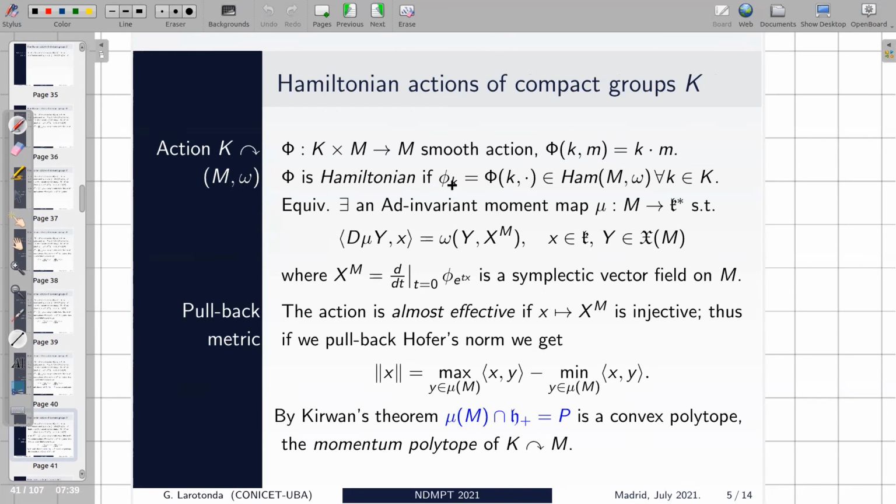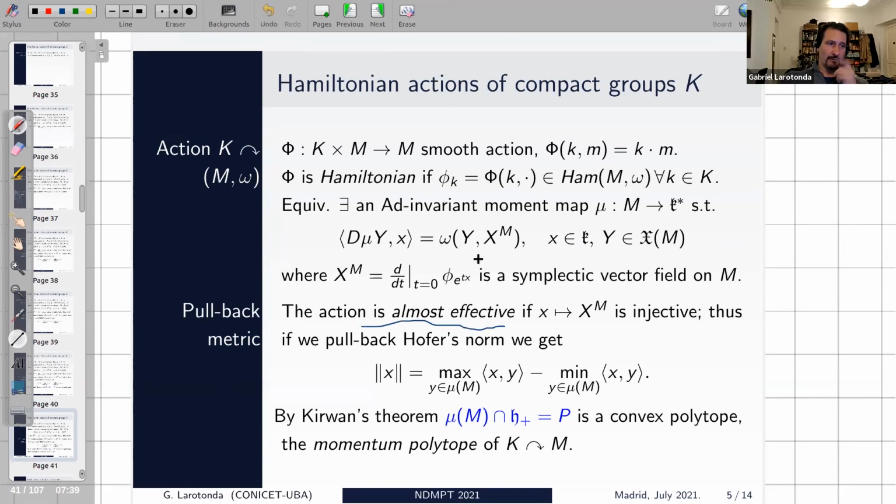There's a strong restriction here because we are starting with a compact semi-simple connected Lie group. And the other one is you want the action to be almost effective. That means the action has a discrete kernel, or equivalently that the differential of the action is injective. This is to be able to pull back the metric to the group. But that's all that we need.